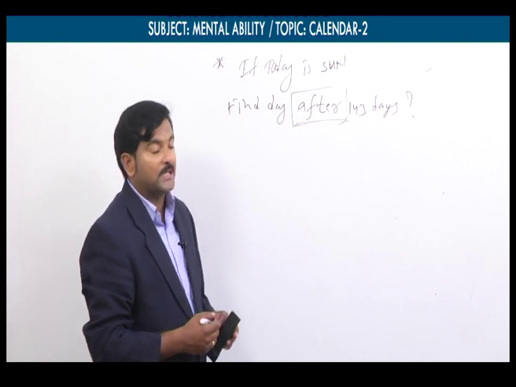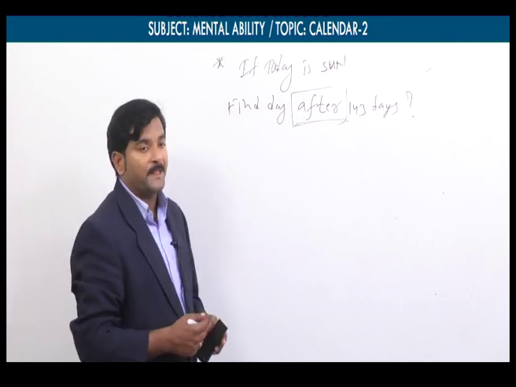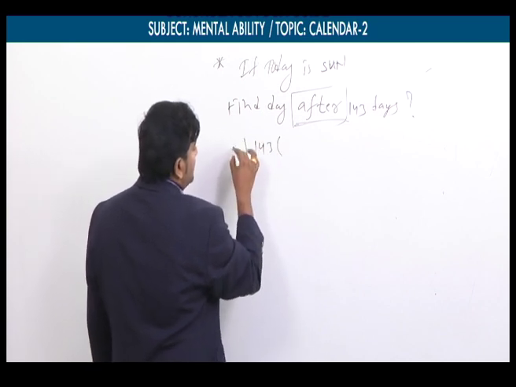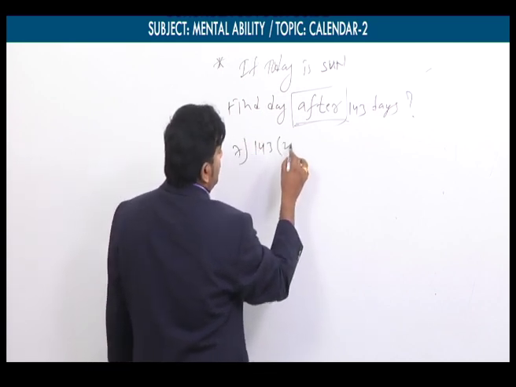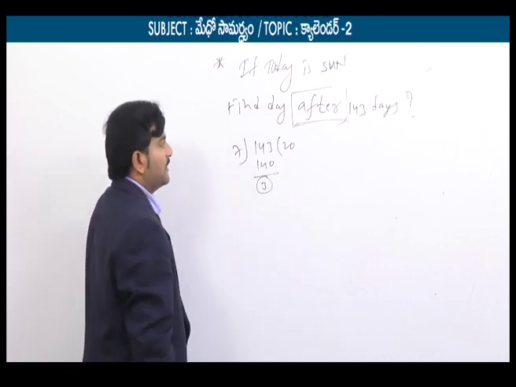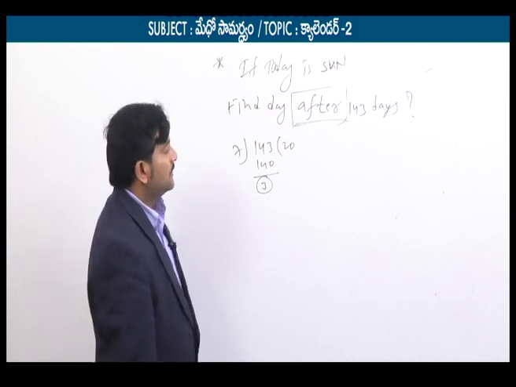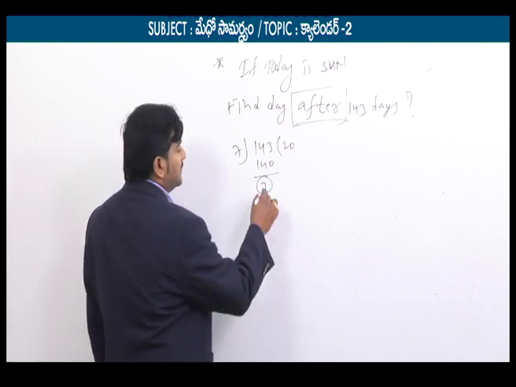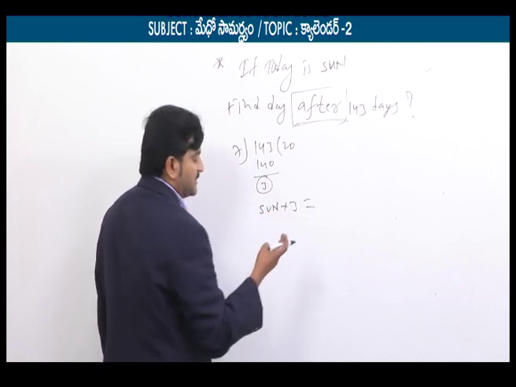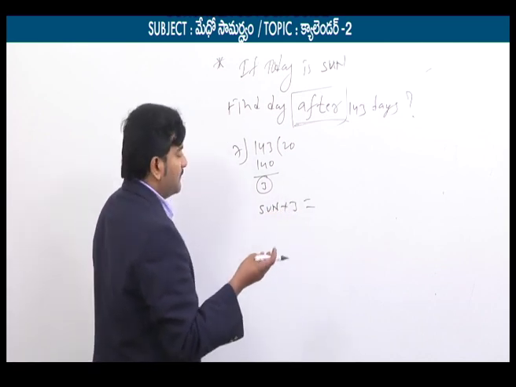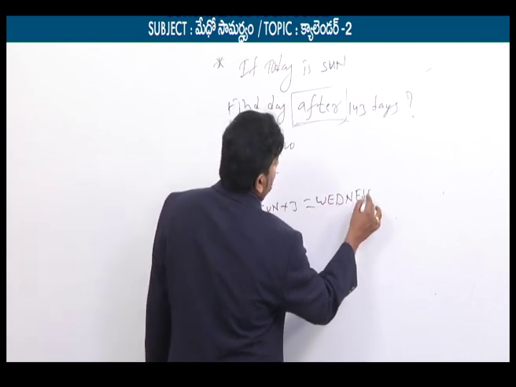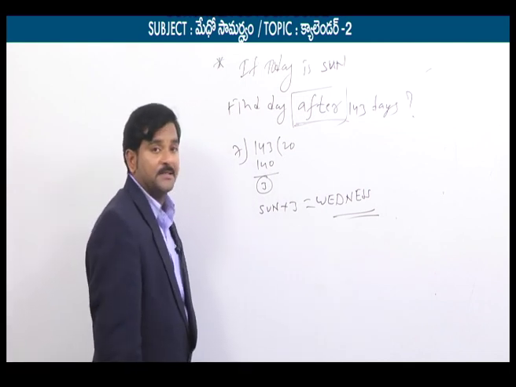Dividing 143 by 7, the remainder is 3. Again I am getting remainder 3 only. No issue. We have to add these 3 days to Sunday. Sunday plus 3 days means Monday, Tuesday, Wednesday. Therefore, you will get Wednesday.